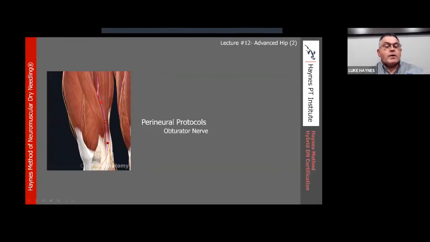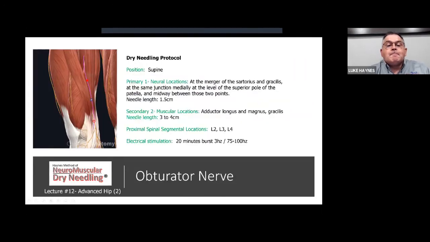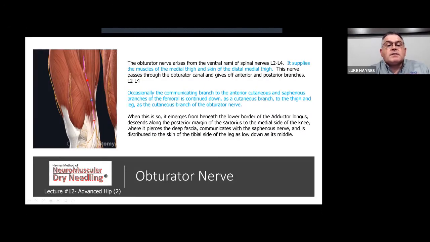So for the obturator nerve, there's much less of a sensory component, but there is a small piece, and it's just inferior to the genitofemoral nerve that we indicated in this brown area. For the obturator nerve, it supplies the muscles of the medial thigh as far as the motor component.